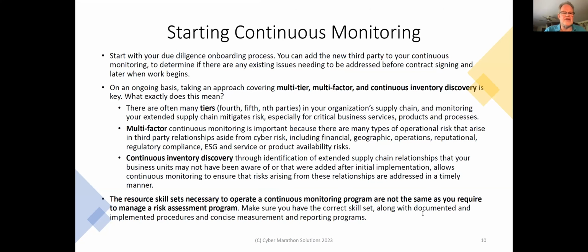So when you're starting out with continuous monitoring, one of the questions that often comes up is, well, how do I get started with continuous monitoring? One of the things that I suggest to organizations is, if you're not sure what to do, start the continuous monitoring on yourself and see what comes back. Most organizations are very surprised when they see what their risk profile looks like when using a continuous monitoring solution.